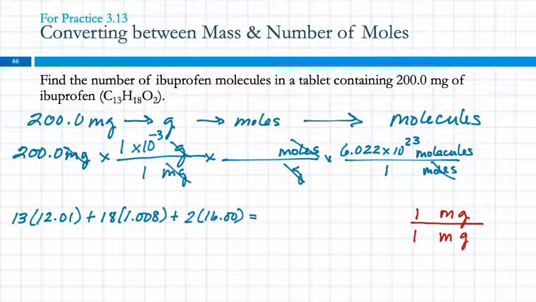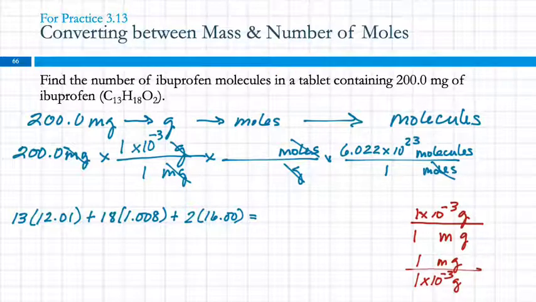Or I could take one of those millis and trade it for what it stands for, times 10 to the minus 3. One milligram over 1 milligram. I could remove this one and change it to times 10 to the minus 3.